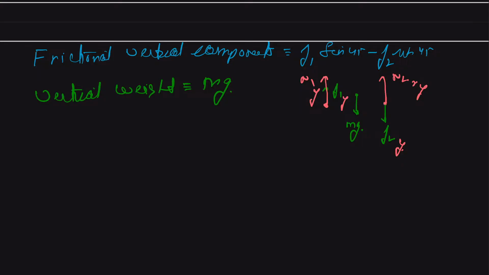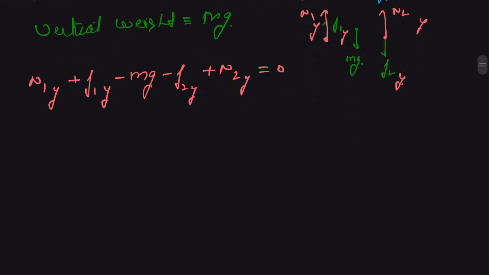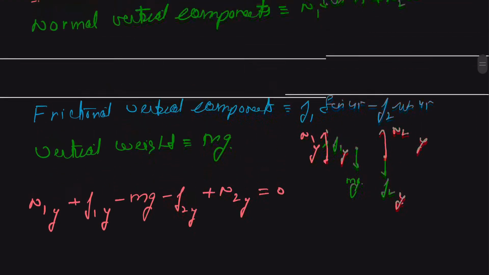Therefore we can write that our N1y plus F1y minus mg minus F2y plus N2y is equal to 0. So this is all the forces which are in the vertical direction. So we simply substitute their values which we have already calculated.